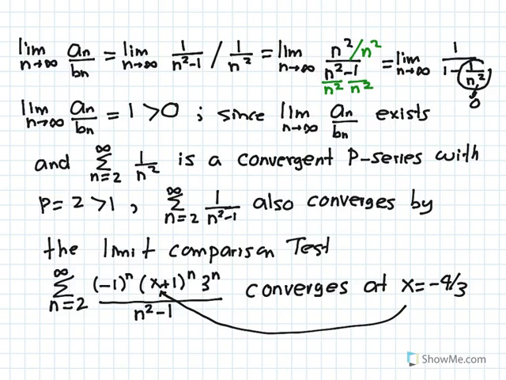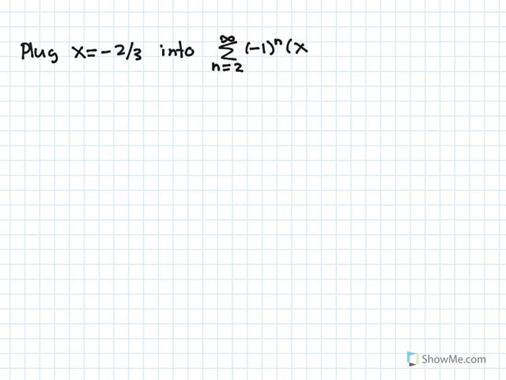All right, so now we need to look at the right endpoint. So let's plug the right endpoint, which is x equals negative 2/3, into summation n equals 2 to infinity of negative 1 to the power of n times x plus 1 to the power of n times 3 to the n divided by n squared minus 1.